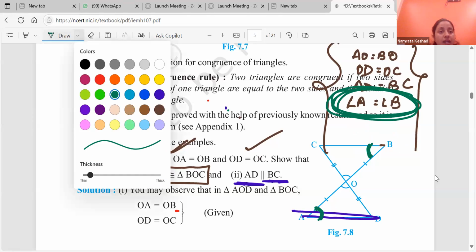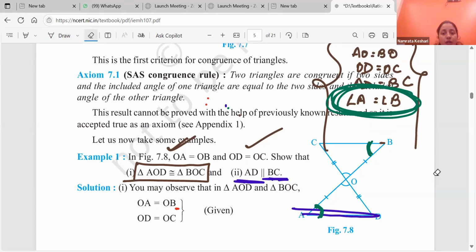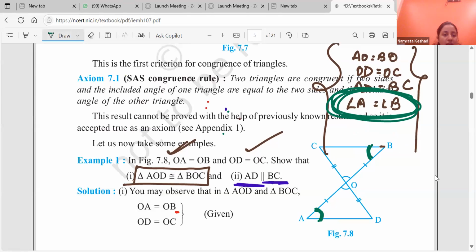In the last chapter, lines and angles, have you learned that if you have two random lines and a transversal, and the alternate interior pair is equal, that means the lines are not random, those are parallel lines? Yes or no? Yes, ma'am.